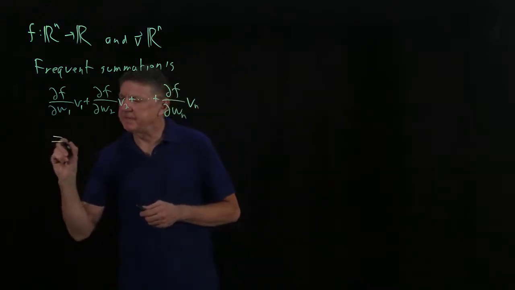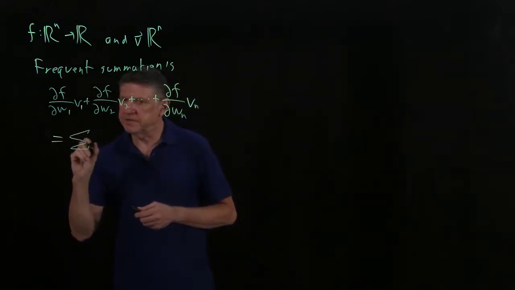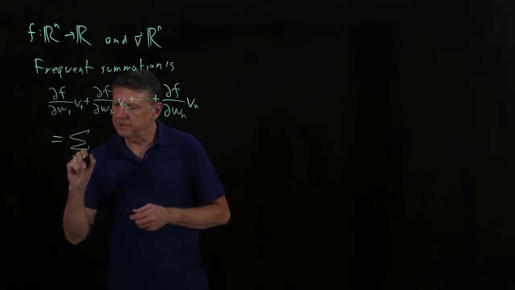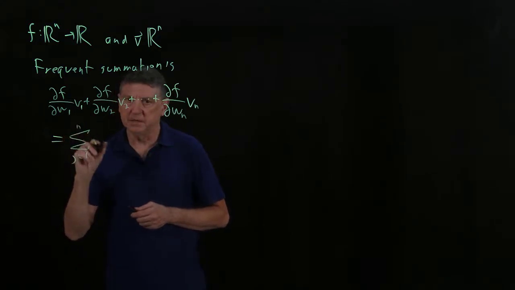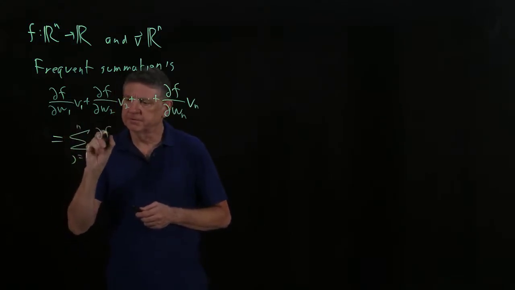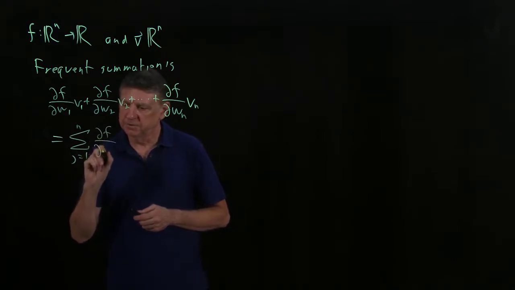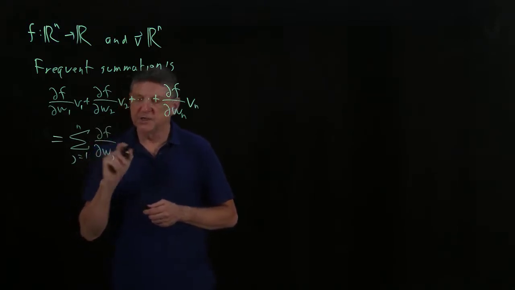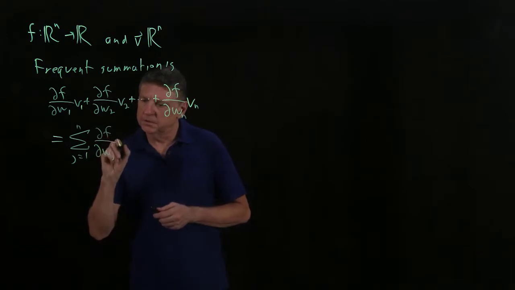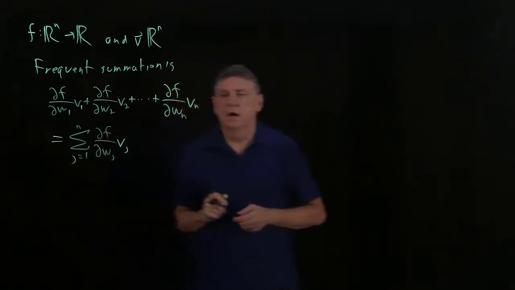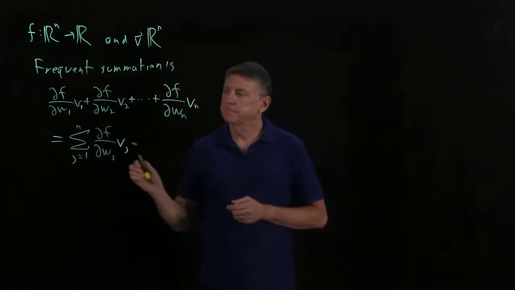We could write that as a summation. We could say that's the sum as j goes from 1 to n of the partial derivative of f with respect to the jth variable times the jth entry of the vector that we're given.